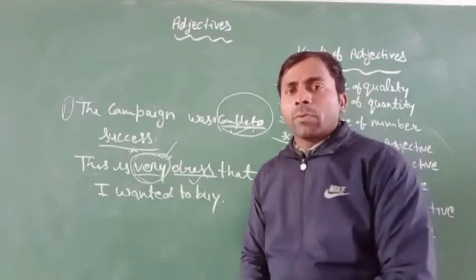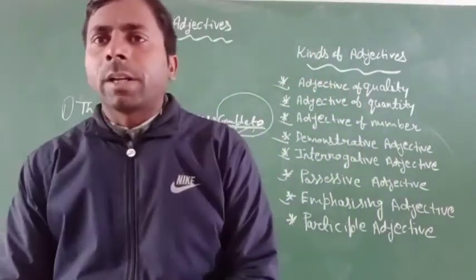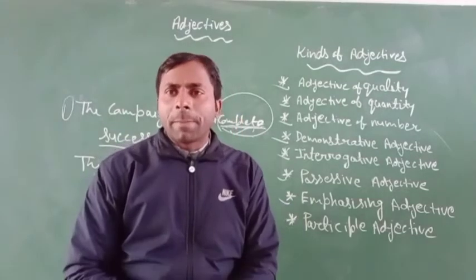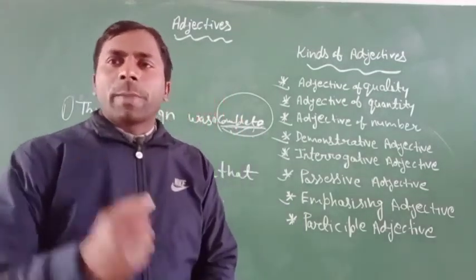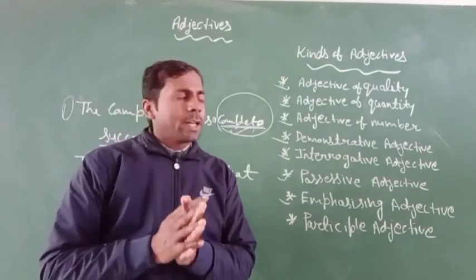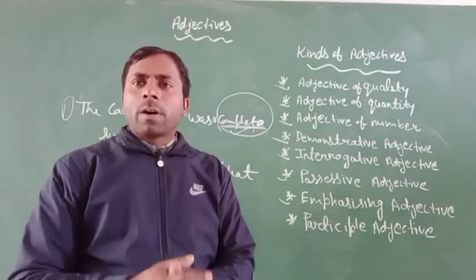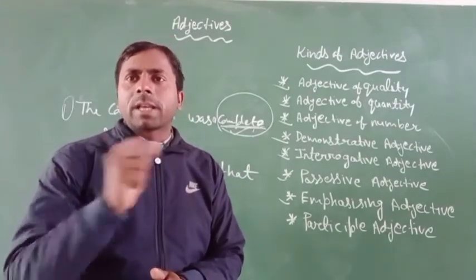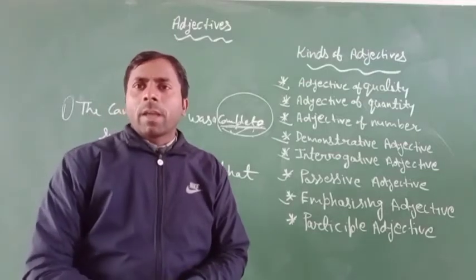Clear? I hope you also understand it, and I tell some points. Some and any are used in affirmative and negative sentences respectively. For example, I have bought some pens. So some pens is used as affirmative.